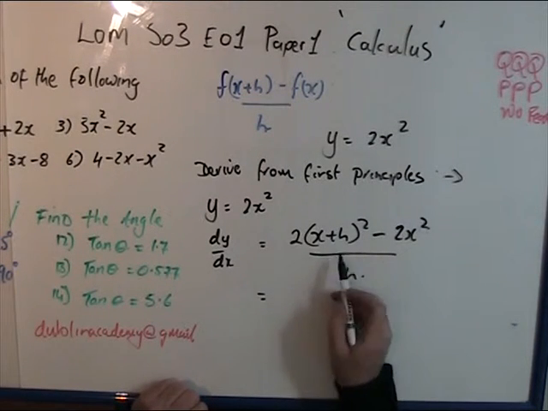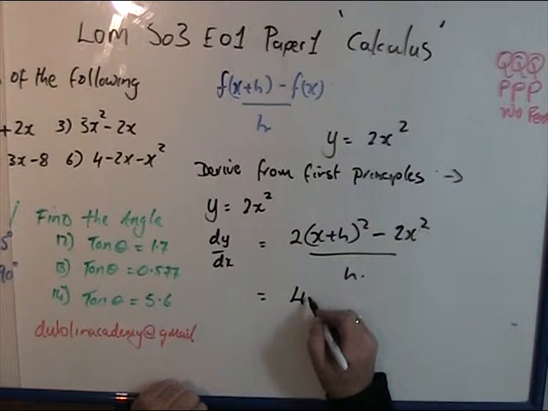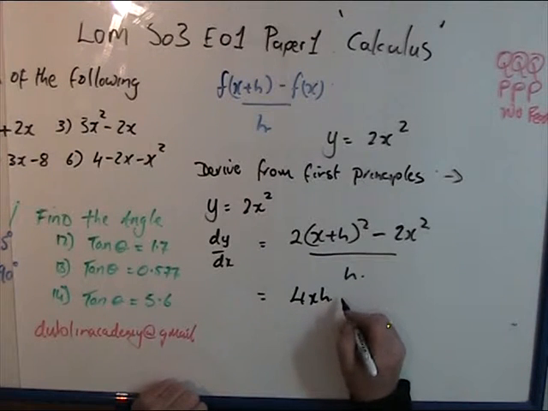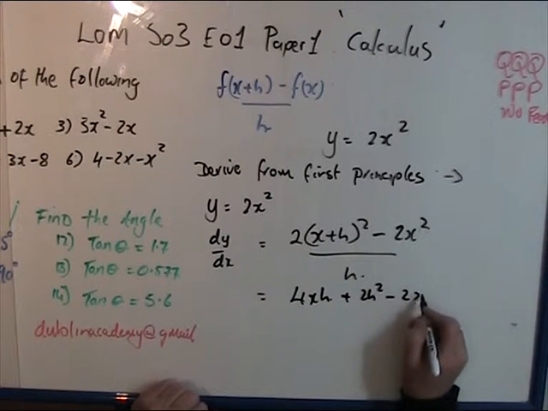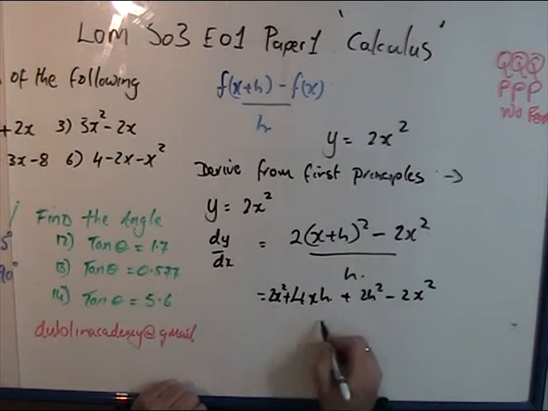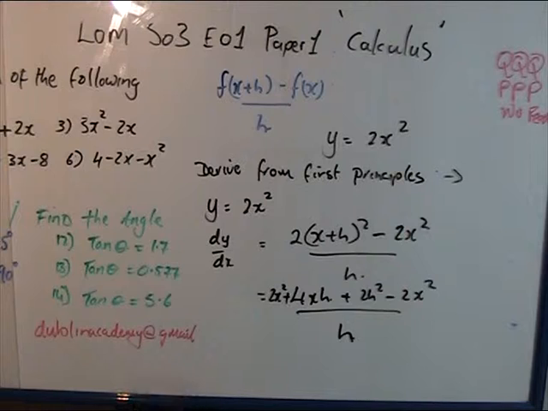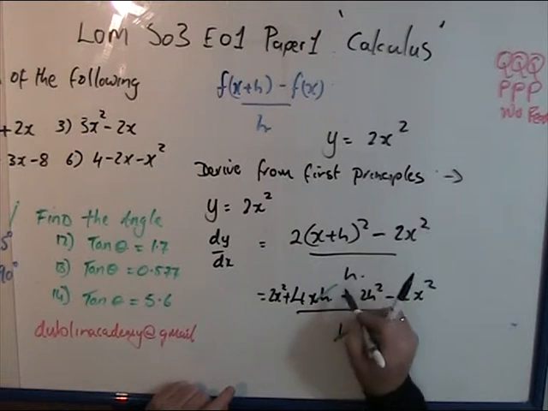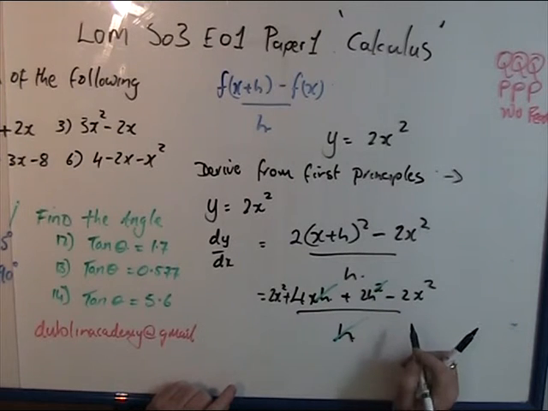You multiply this out, you know how to do this, you do it on the side. You're left with 4xh plus 2h squared minus 2x squared plus 2x squared, all over h. Now watch what I'm doing here. I'm cancelling the h's: cancelling this h with this h, and the 2h squared leaves me with one h.